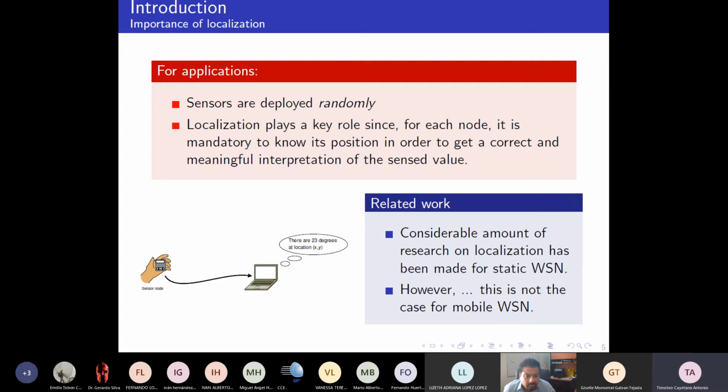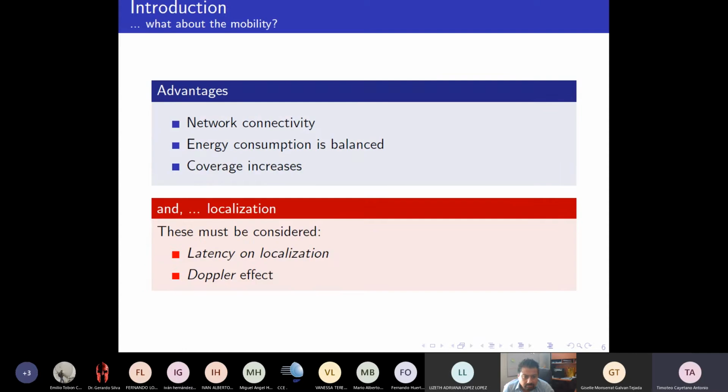The movement of some nodes is necessary in some applications, because mobility has some advantages. In this slide, I have mentioned 3 of them. The network connectivity is improved, that is one of them. The second is that the energy consumption is balanced. And finally, the coverage is increased.